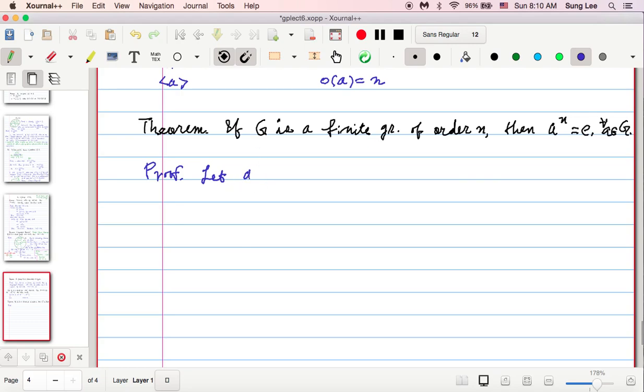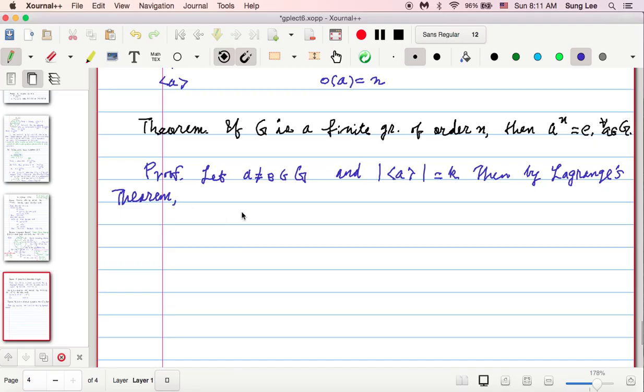Let a be an element of G which is not the identity, and let the order of the cyclic subgroup generated by a be K. Then by Lagrange's theorem, K divides n.